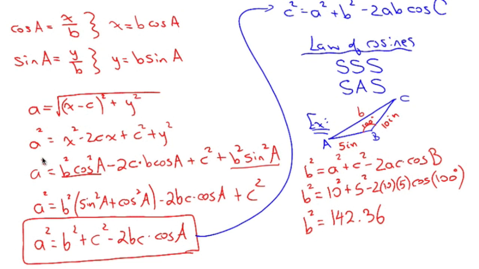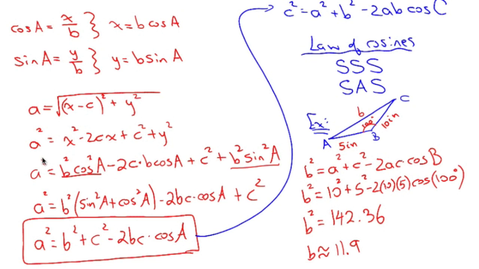You got an error? Did you have a negative answer or something? Do it again. Let's see what you're typing in. Oh, there it goes. Then just square root it, and you should get 11.9, approximately.